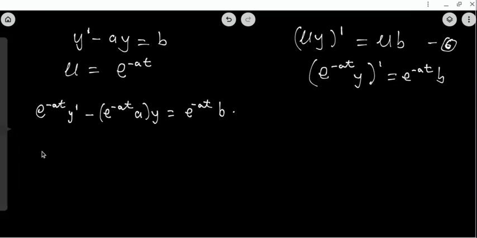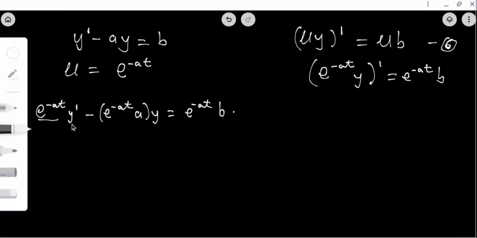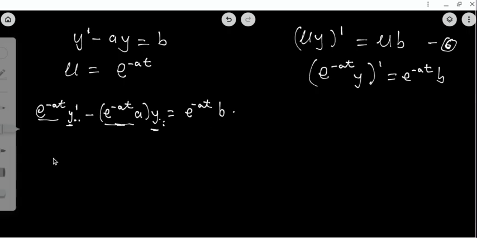After doing this, let your focus be on the left hand side. You will notice that there is a function here. This is a function, this is also another function, this is a function, and this is also another function. You can see that y is here and its derivative is here. Therefore, if y is this and its derivative is this, then this must also be the derivative of a second function.